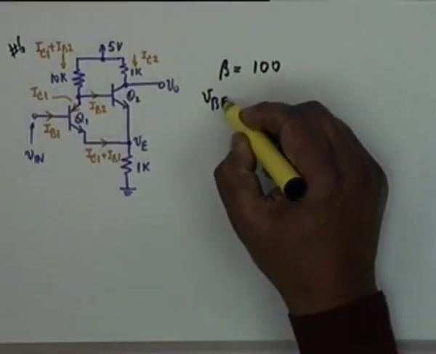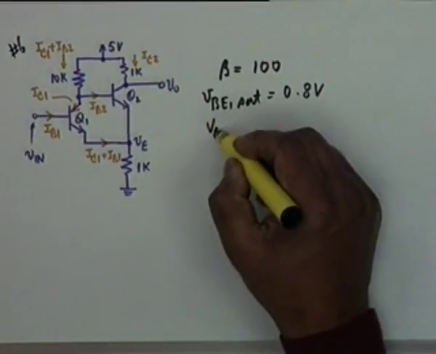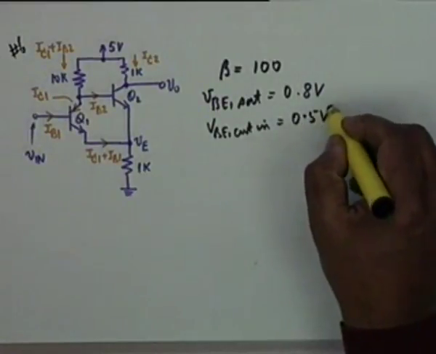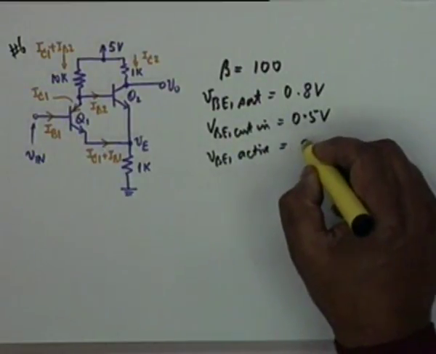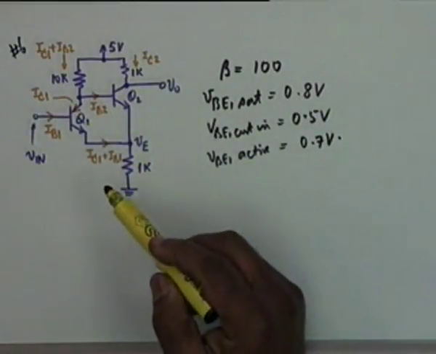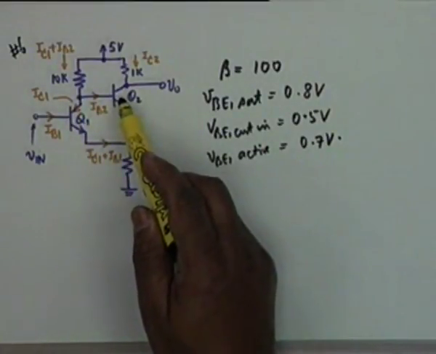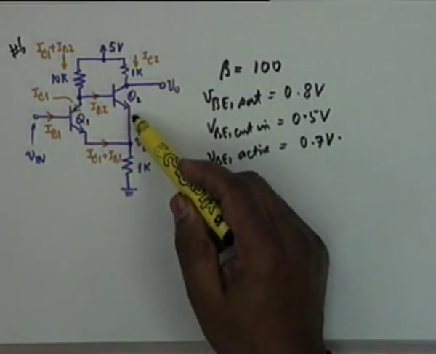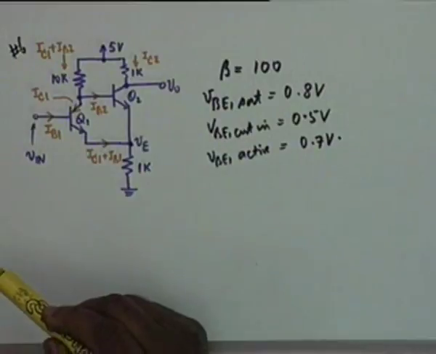It is given that V_BE sat is equal to 0.8 volt, V_BE cut-in is 0.5 as we have been assuming, and V_BE active is 0.7 volt. The collector of Q1 feeds the base of Q2, and then both the emitters are brought to a common point V_E and connected to ground through a 1K resistance. This is the circuit.